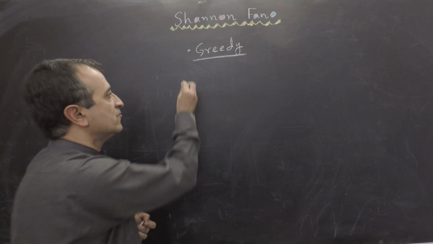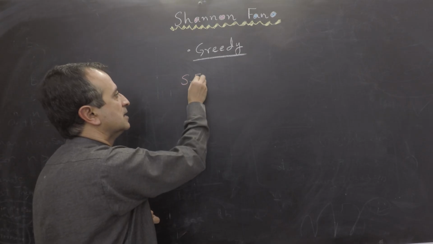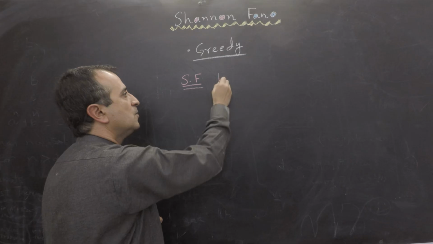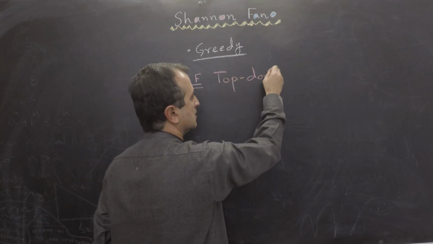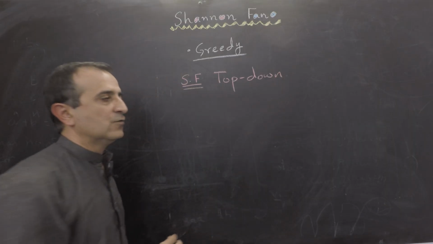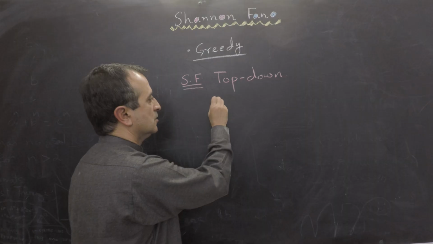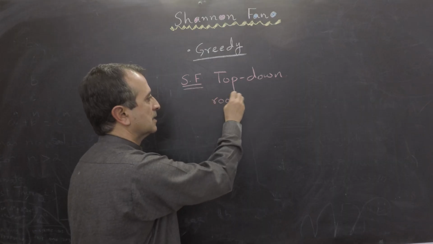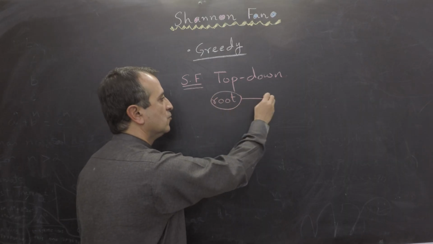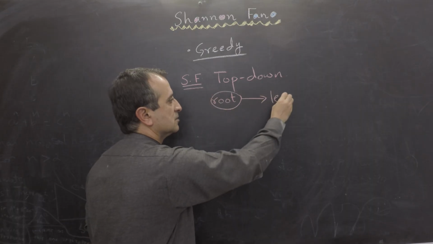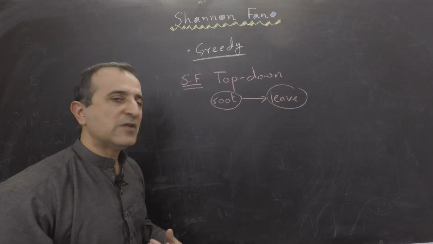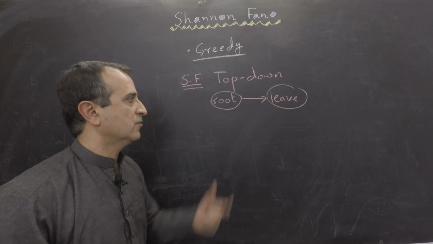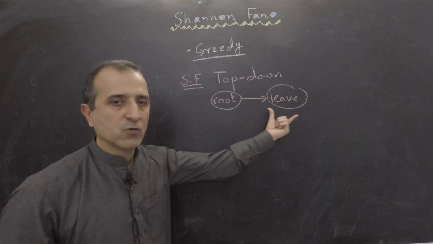But Shannon-Fano coding is a top-down greedy approach. That means we start from the root node and we move towards leaf nodes. So the prefix tree that we will create, we will start from the root and move towards the leaves.